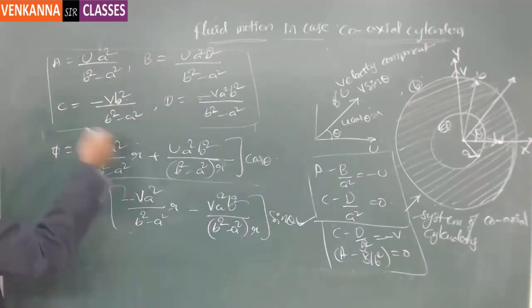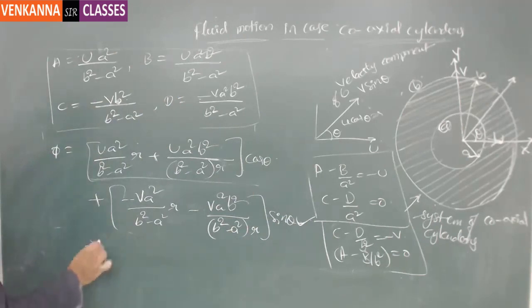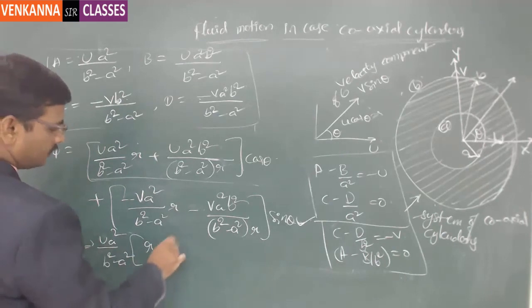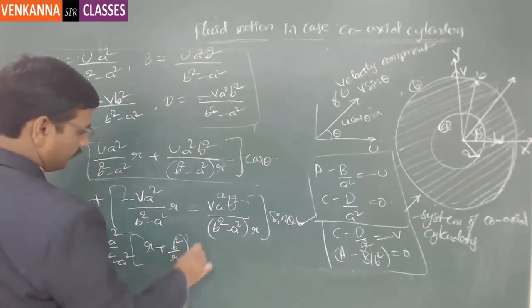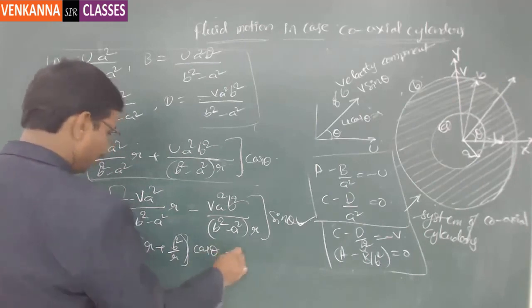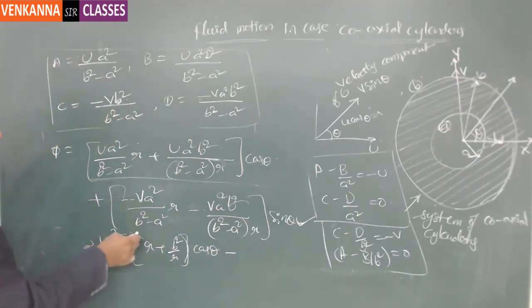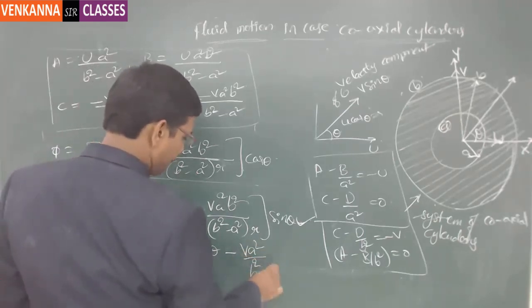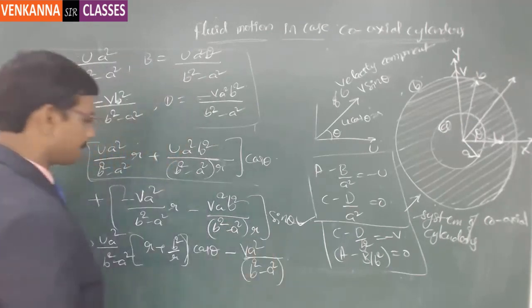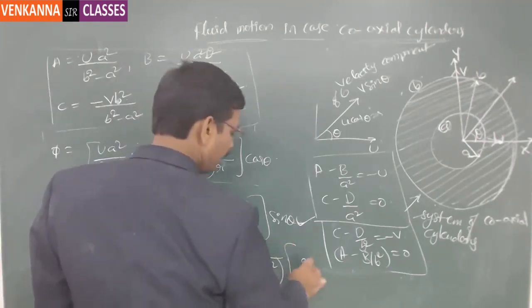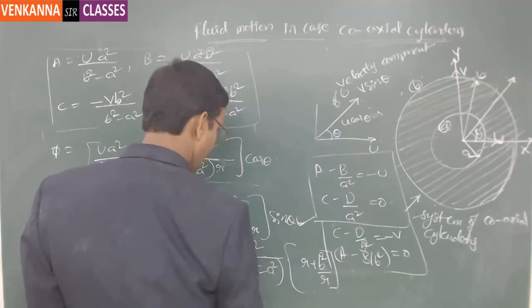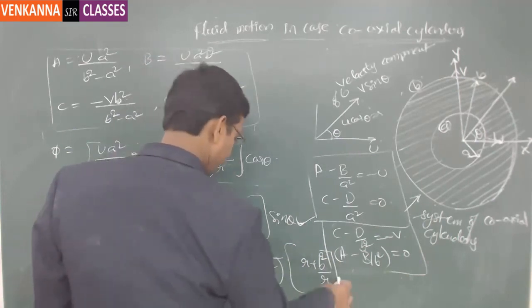Now this part anyway we don't have any issue, that is u a square by b square minus a square. If you take it out, then what is left over is r plus b square by r times cos θ, and then from here if you take out minus v a square by b square minus a square, yeah, I think you are correct, r plus b square by r into sin θ.